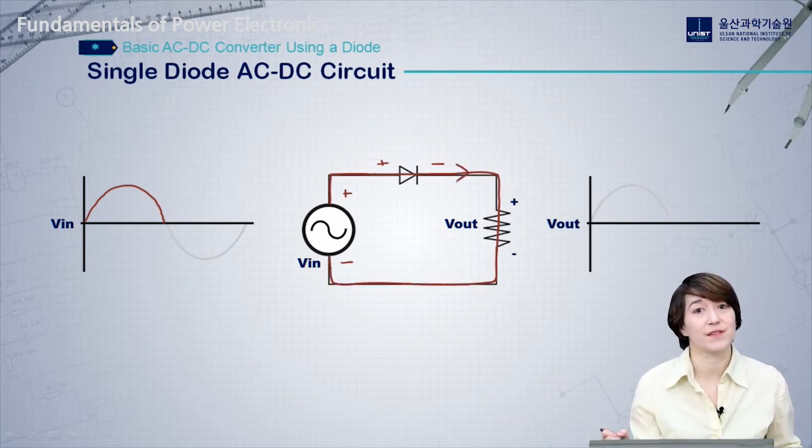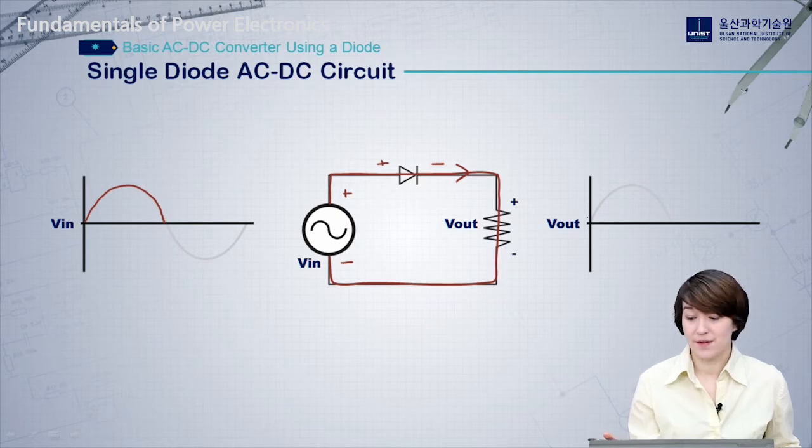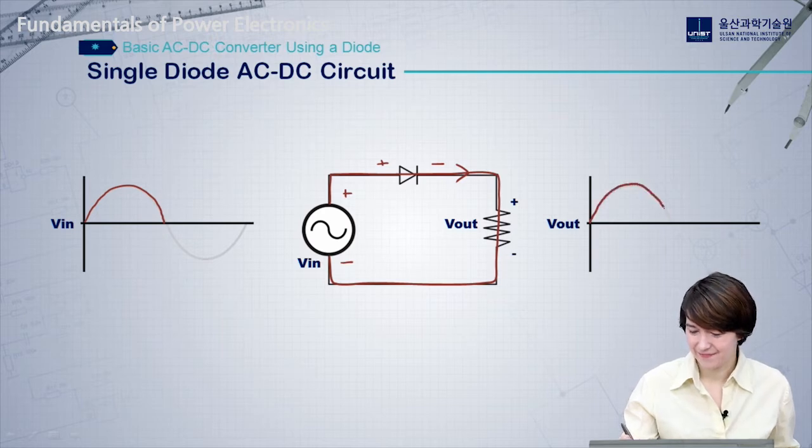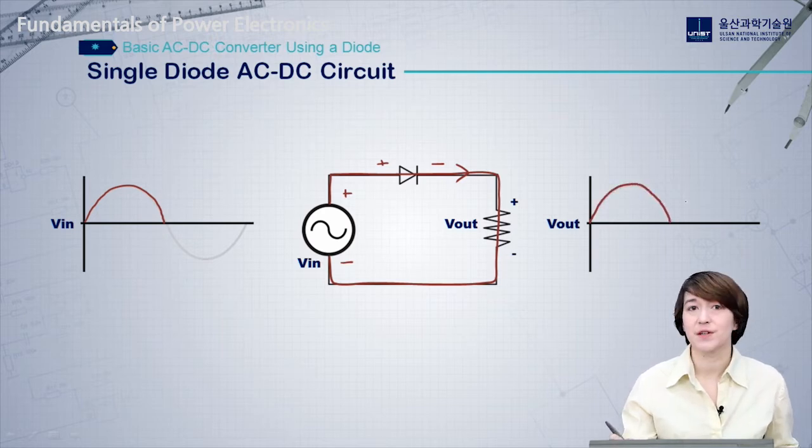We have current flow in this direction. This means that the output will simply follow the input voltage like this. So here we can see when the input voltage is positive, our output voltage will essentially follow that same voltage.